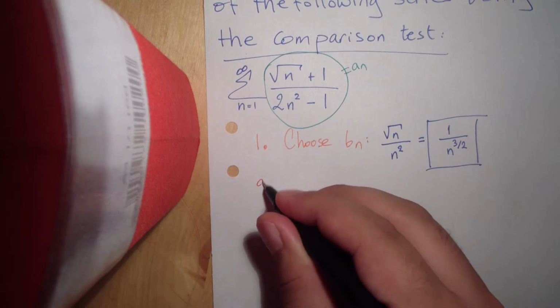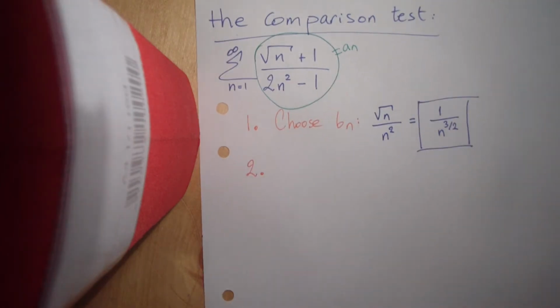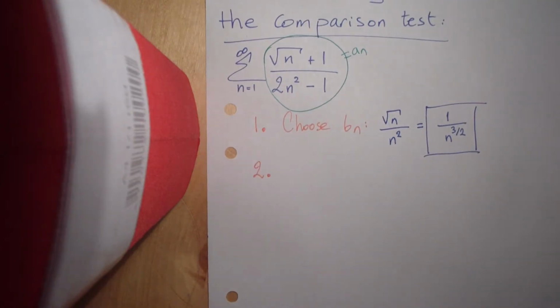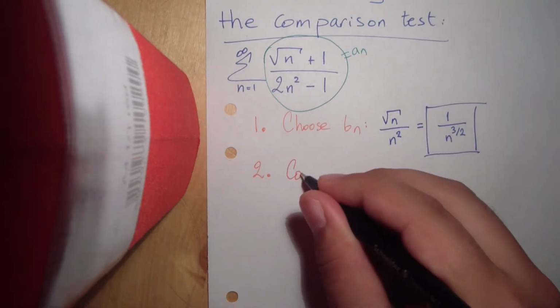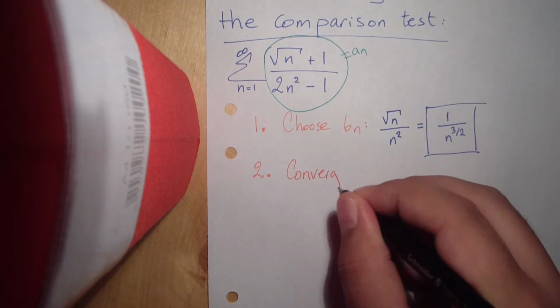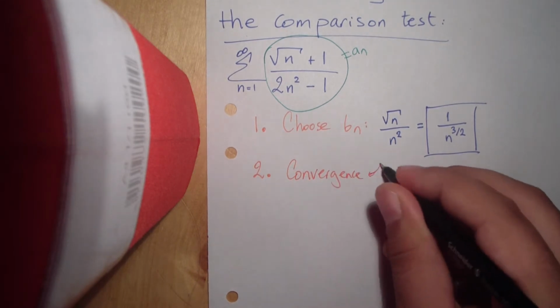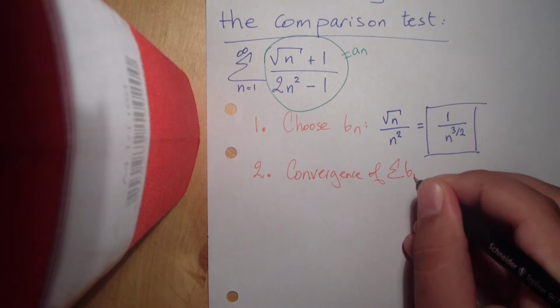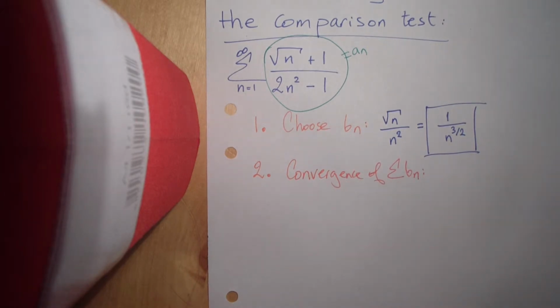And our second step would be that we have to be able to tell whether bn converges or diverges. So we determine the convergence of the series of bn. So how do we do that?